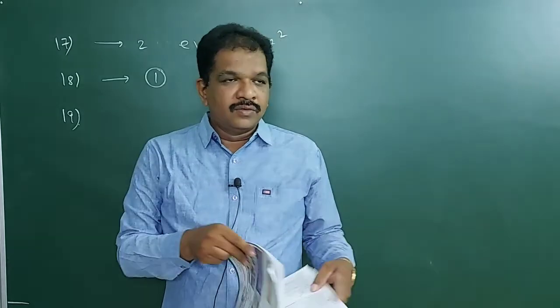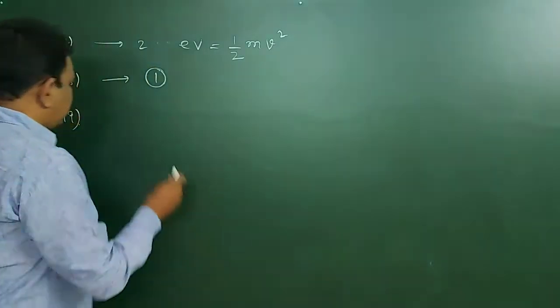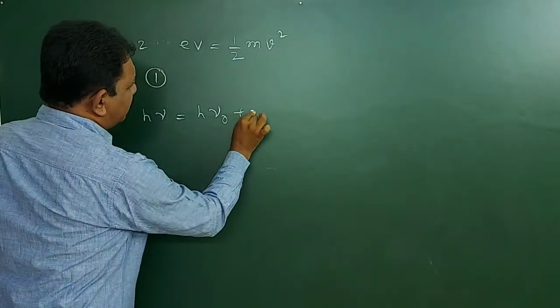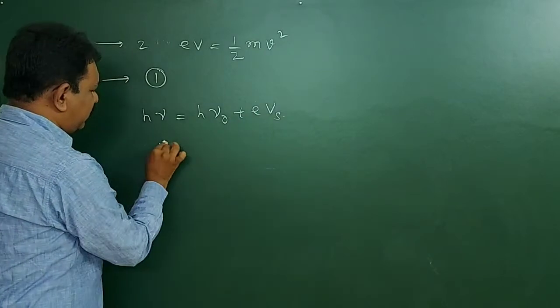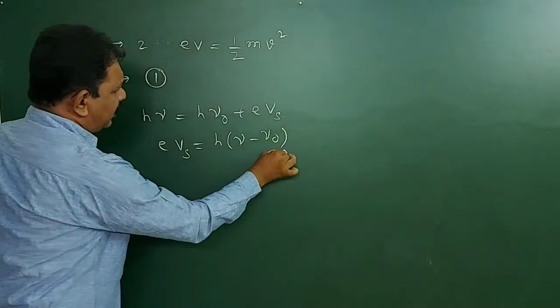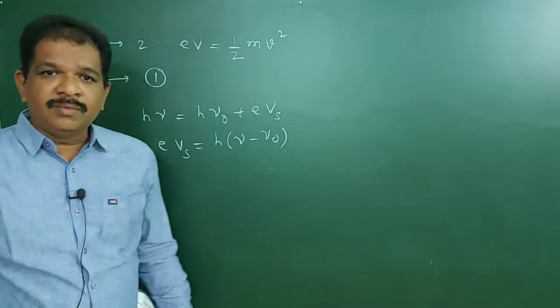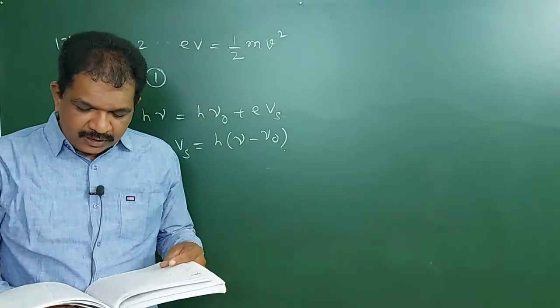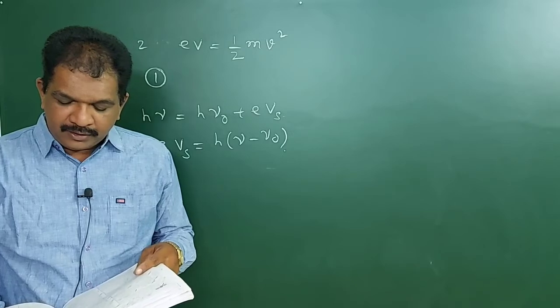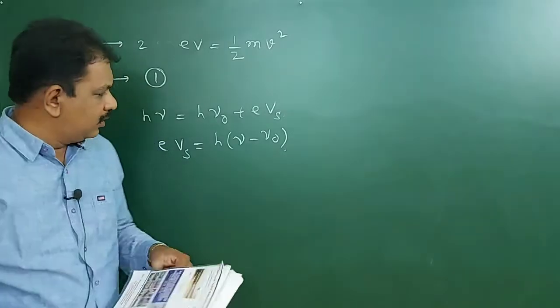Simple question only. h nu is equal to h nu naught plus eVs. eVs is equal to h into nu minus nu naught. Here nu value they gave as 8.2 into 10 power 14.